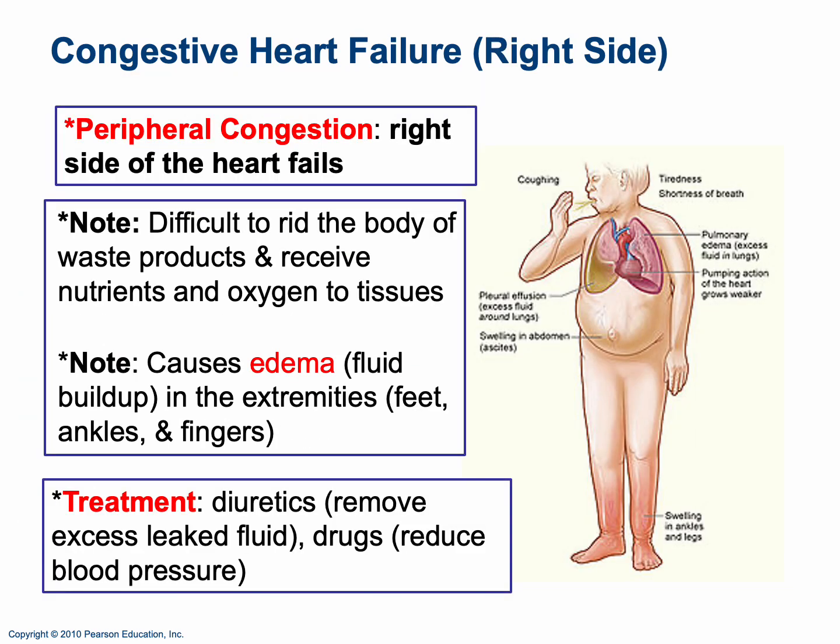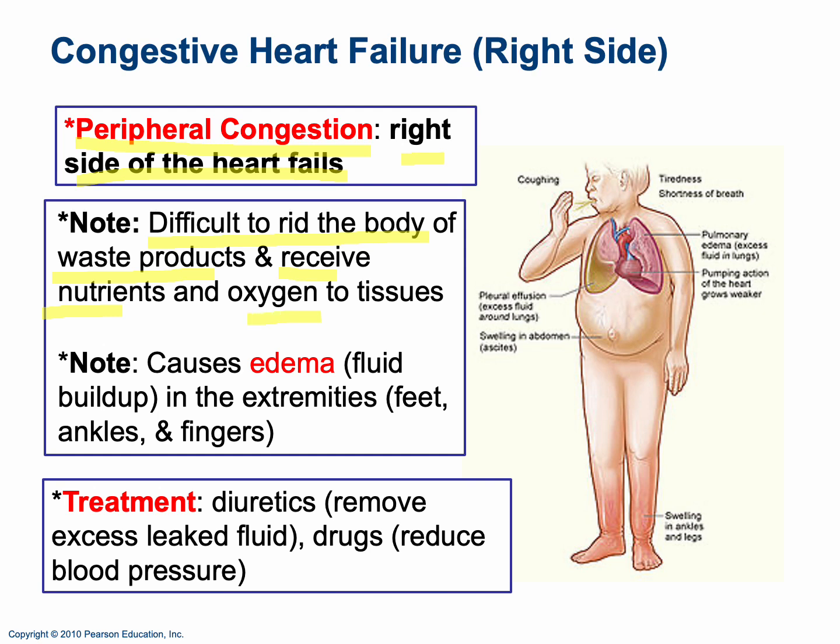Another type of congestive heart failure is what's known as the right side congestive heart failure, which is also known as peripheral congestion. So right side of the heart fails. Here, definitely a difficulty of getting rid of the body of waste products and receiving of nutrients, oxygen to tissues.